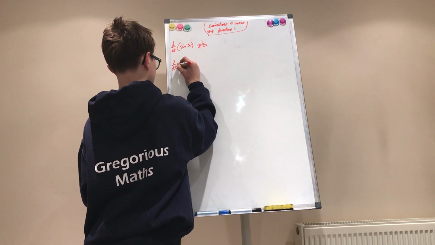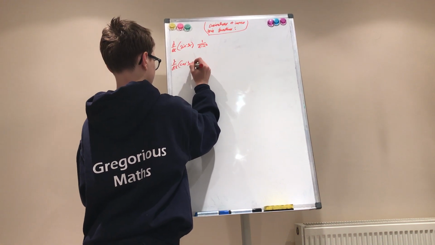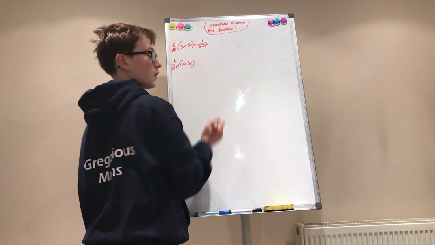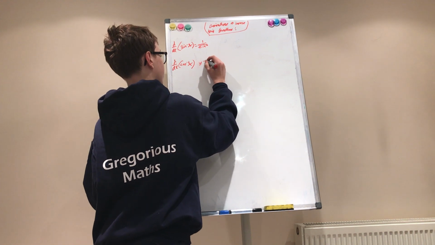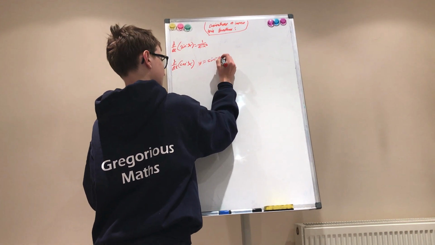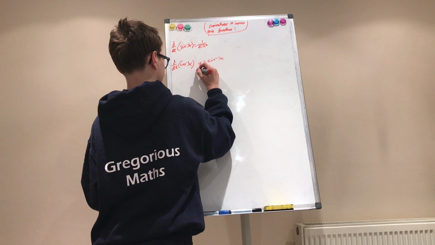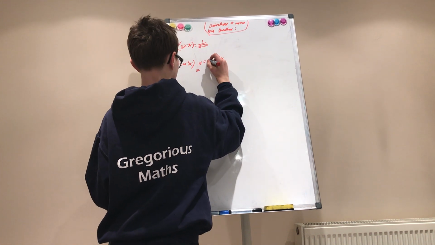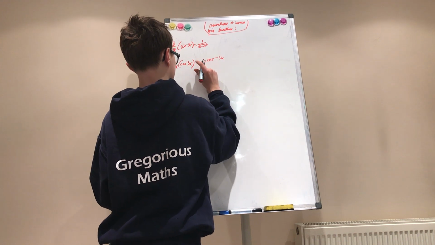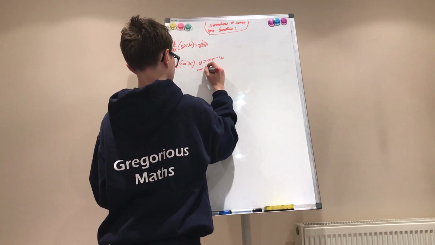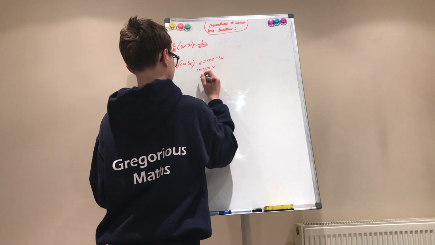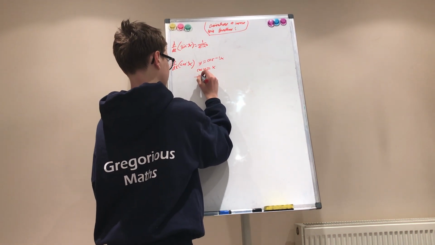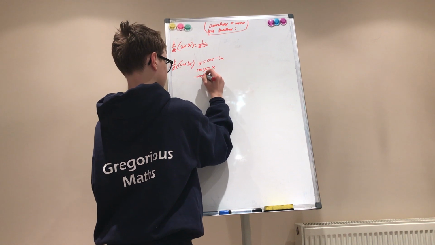The derivative of inverse cosine of x equals, okay, same thing, y equals inverse cosine of x, which means that cosine y equals x. Differentiating both sides with respect to x leaves us with negative sine y dy/dx.